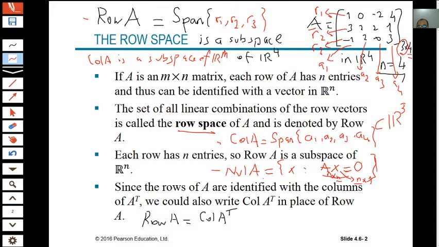Therefore the null space is a subspace of R to the n generally. For the example, n is equal to 4, so the null space is also a subspace of R to the 4, which means that the number of components of a vector in this space is 4.